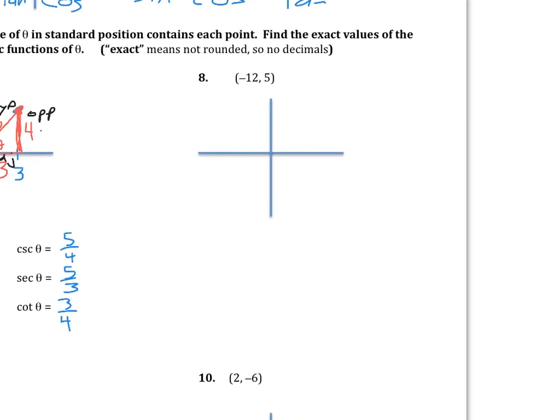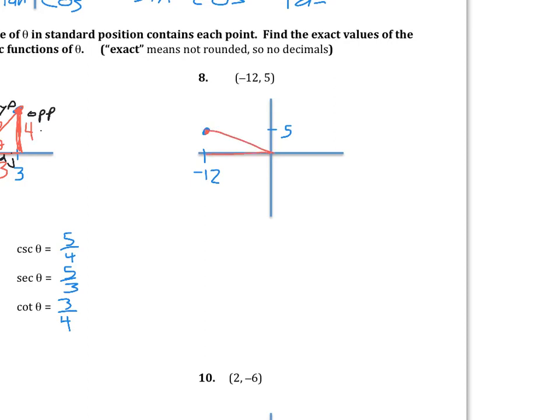Alright, for number 8, we're in quadrant 2. So I'm just going to say this is negative 12. For 5, I won't go up too high. So I want the point negative 12, comma 5. That'd be around here. Drawing the triangle using the bow tie rule. So go straight to the origin.